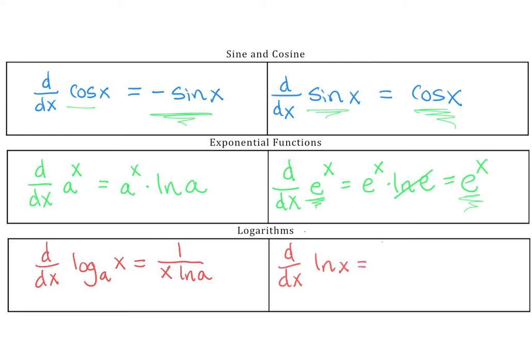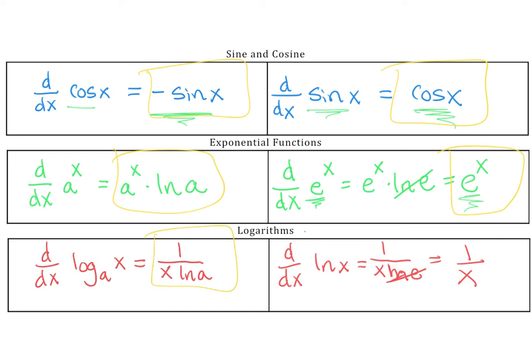Same idea: 1 over x times the natural log of the base. Oops, I used to do that. Natural log of the base e, but those cancel. So it's just 1 over x. These cases you need to memorize, all of them. Memorize, memorize, and memorize.